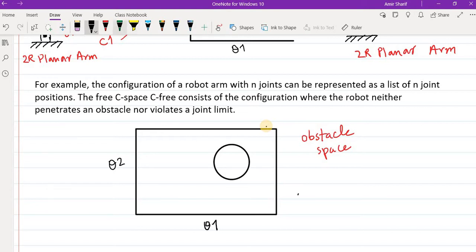We can write here that the whole space is called the C space, and this one here we call the obstacle space.